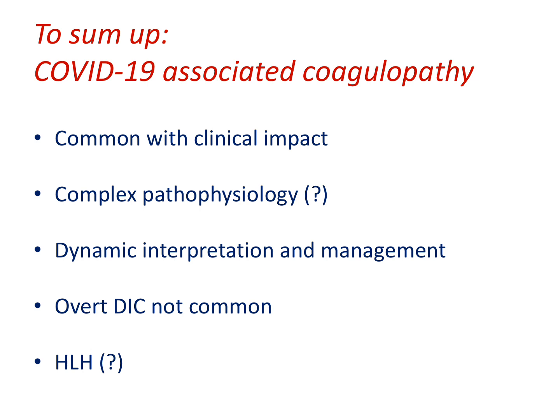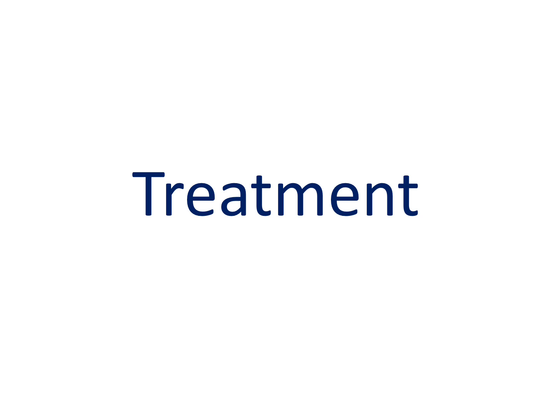But also it seems that COVID-19 itself has a specific pattern of affecting the endothelium and other specific pathophysiological patterns. This needs a very dynamic interpretation and management, and it seems that overt DIC and the HLH, both of them, are not very common. Coming to the most important point, which is the management, the treatment.